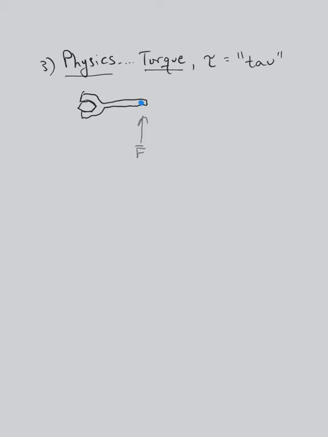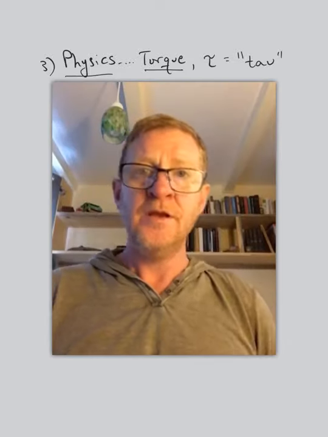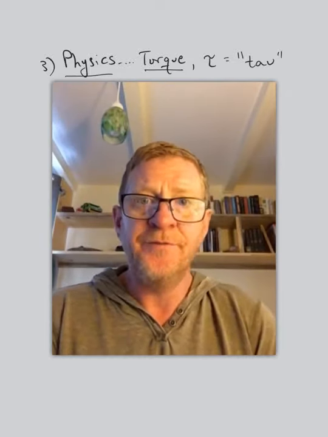That determines a displacement vector, the directed distance for how far away you are applying that force. And then there's this basic formula that the torque is equal to the displacement vector crossed with the force vector. So I'm going to leave it there for now.